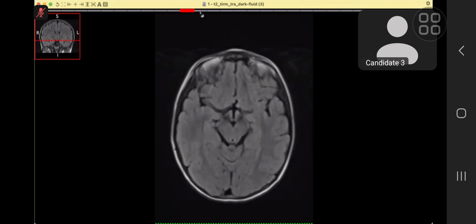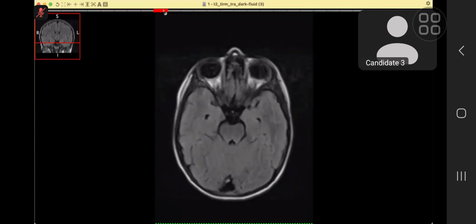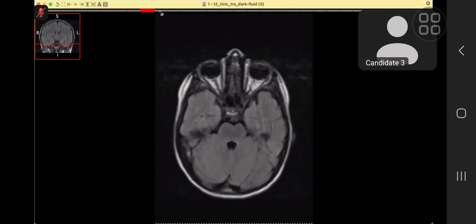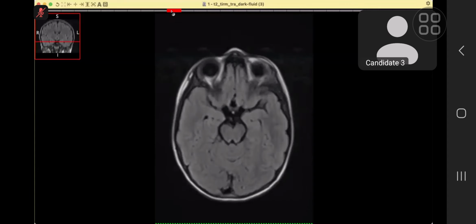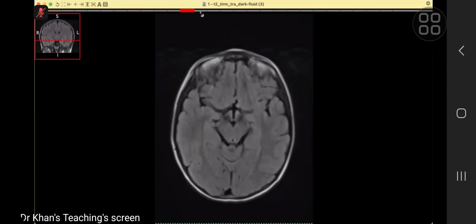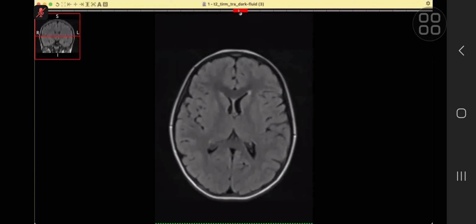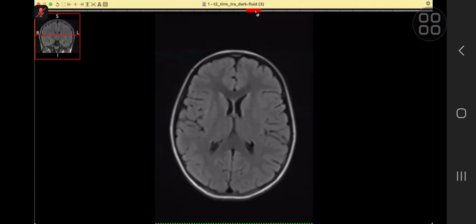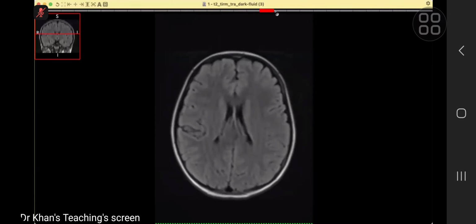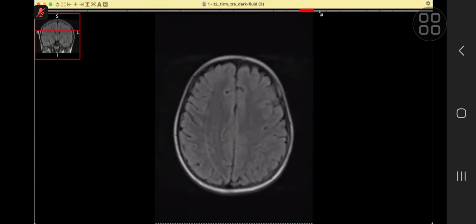I can see there are abnormal hypointense signals noted within the right temporal lobe. Apart from that, I'm scrolling till the last end of the section. I could not find any space occupying lesion within the brain.